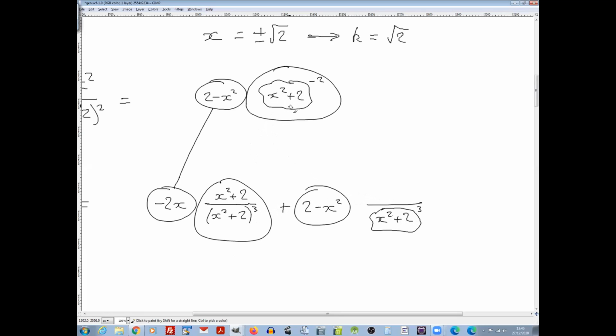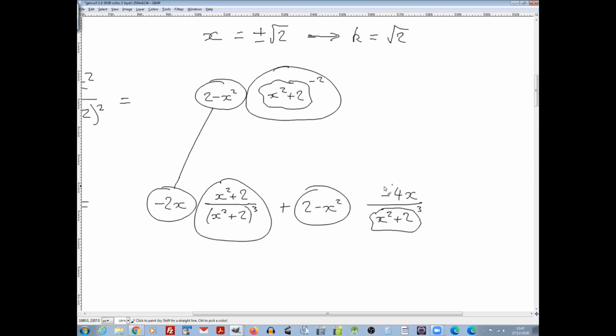Okay, so it doesn't have to be times minus 2, it has to be minus 2 times that, yes. So say minus 2 times that, and times 2x. Yes. So let's simplify straight away and say minus 2 times 2x is minus 4x.